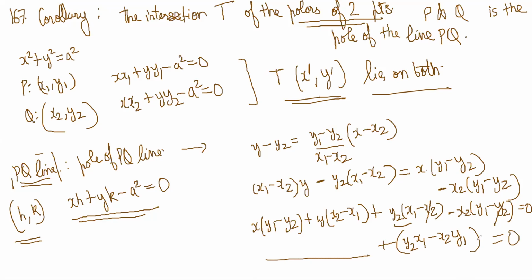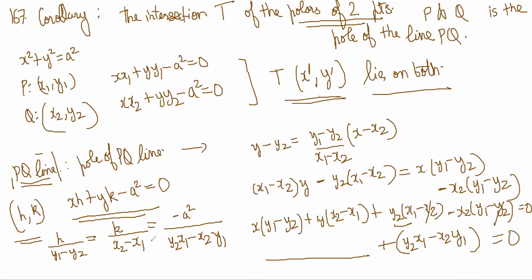This is the equation of the PQ line. Now this should match the polar, so you should have h by (y1 minus y2) equal to k by (x2 minus x1) equal to minus a square by (y2 x1 minus x2 y1).